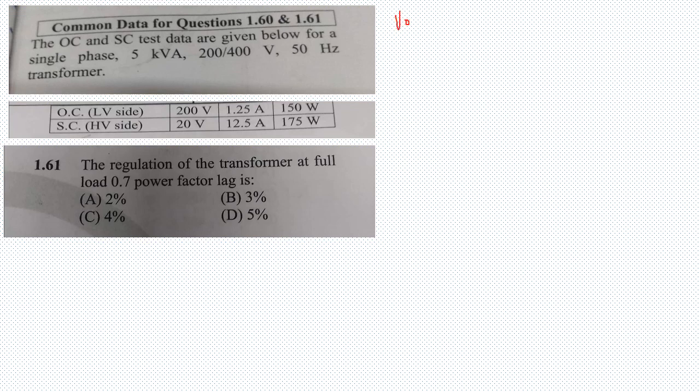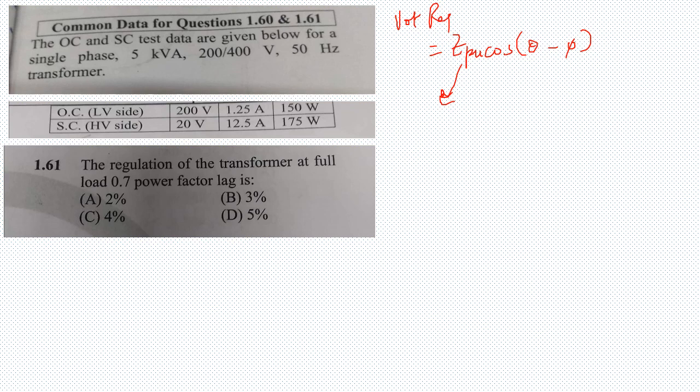Voltage regulation of a transformer is given as Z per unit cos(theta minus phi). This Z per unit is the per unit impedance of the transformer.